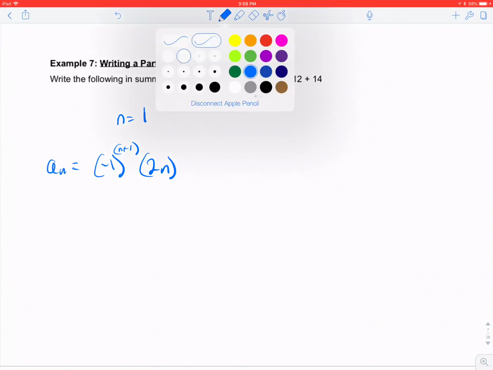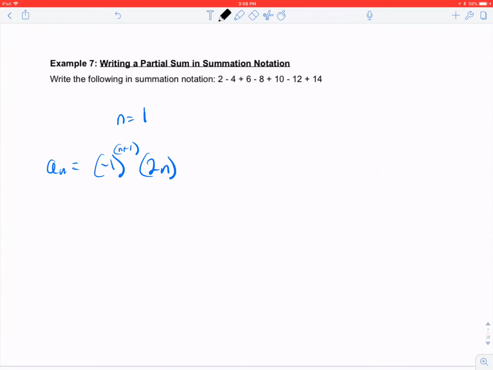Let's see if this generates the sequence. The first one is (-1) to the power of 1 plus 1, times 2 times 1. That's positive, and it's just 2. It checks out.